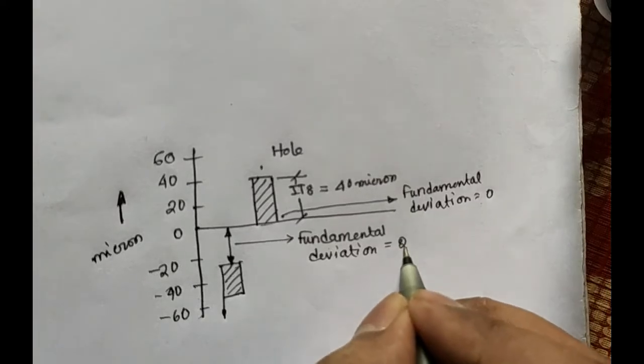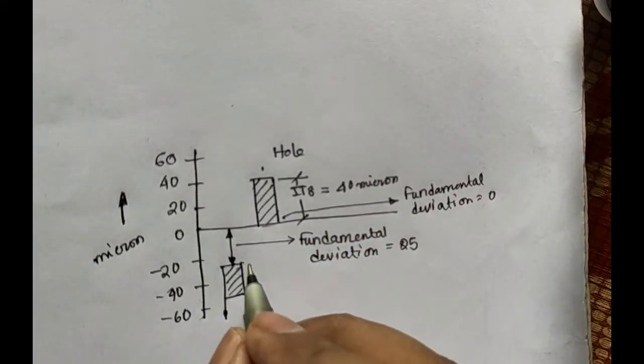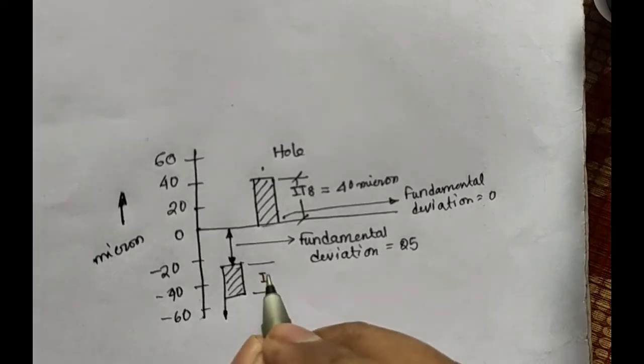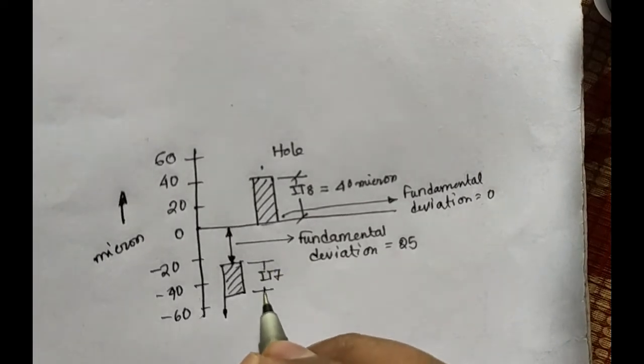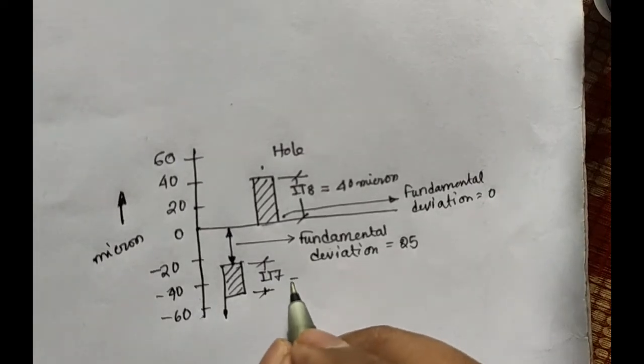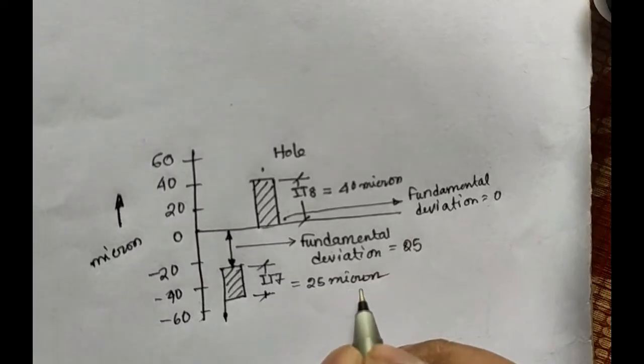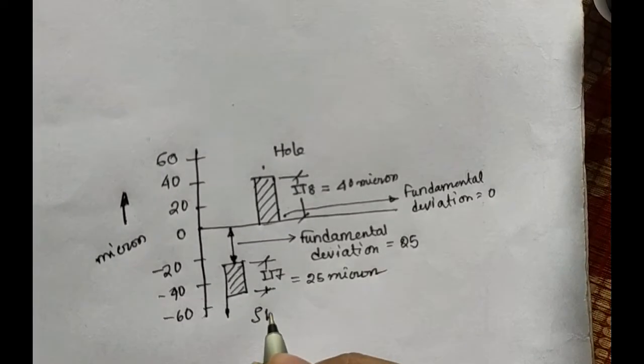That is 25, and this is the IT7. This is the IT7 shaft, that is again 25 micron. Okay, so this is for the shaft.